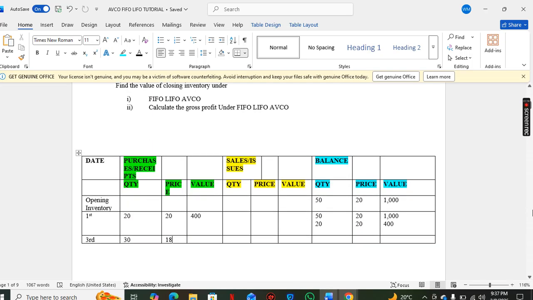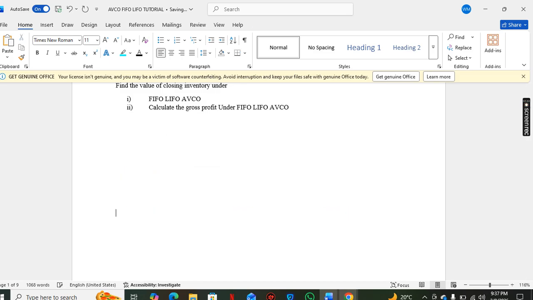So we say 30 times 18, 540 kwacha. So again, we separate the stock.